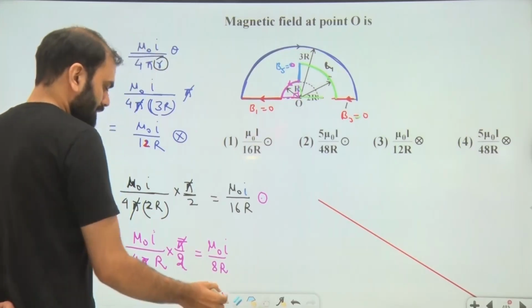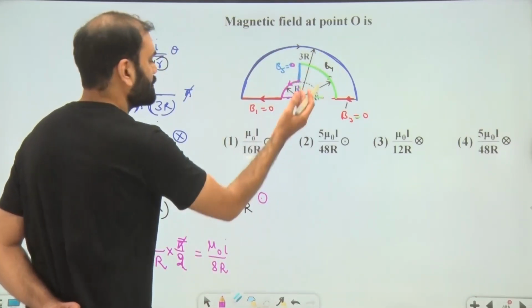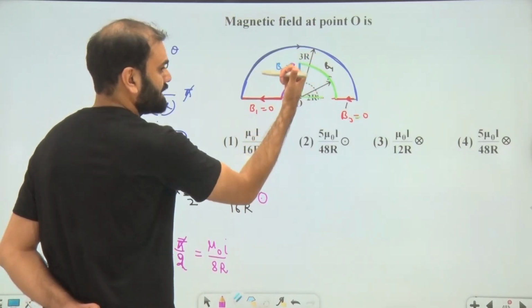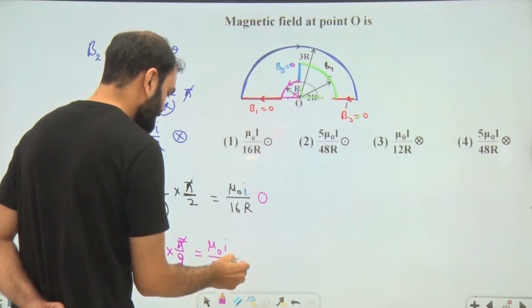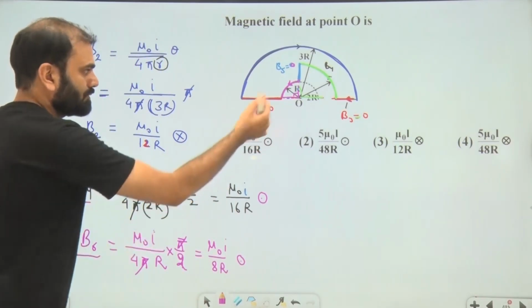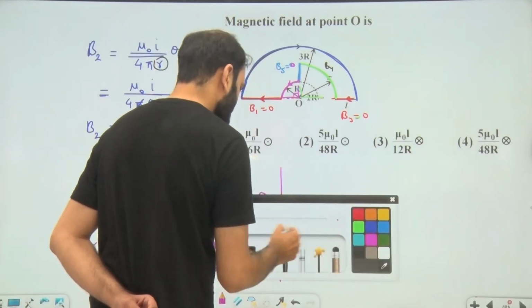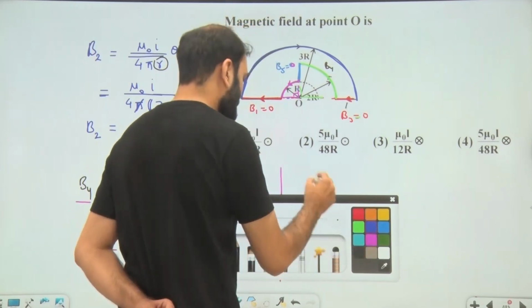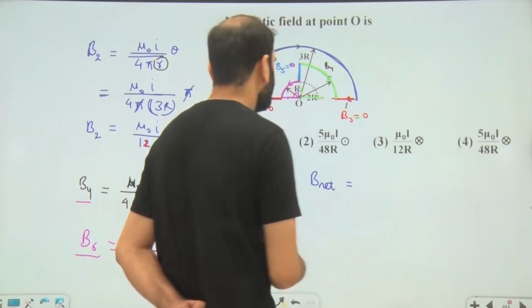Now just do the calculation. First find the direction: the current is flowing anti-clockwise, so the direction is outward; these two magnetic fields are outward, and the rest are 0. So B net is B1 plus B2 plus B3 plus B4 plus B5 plus B6.